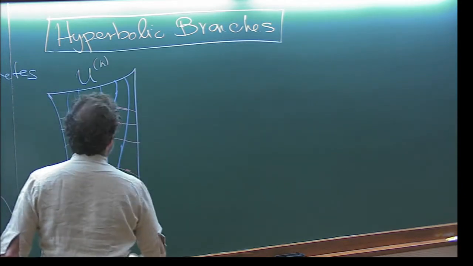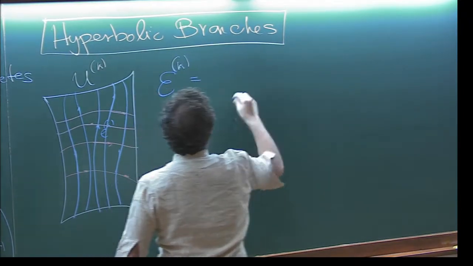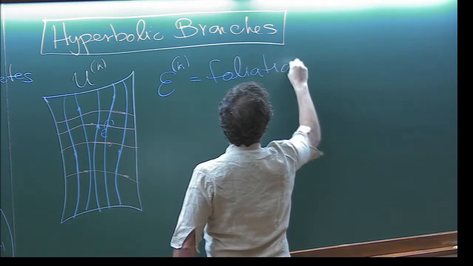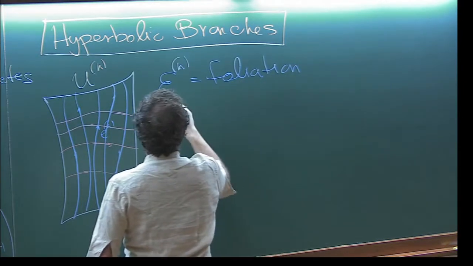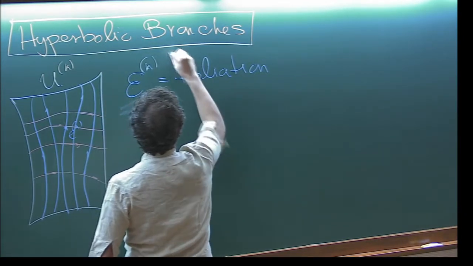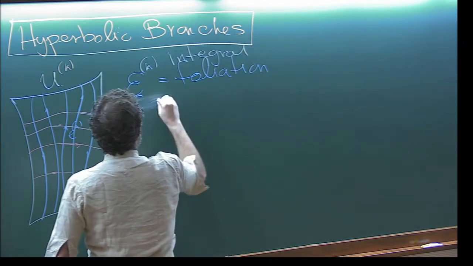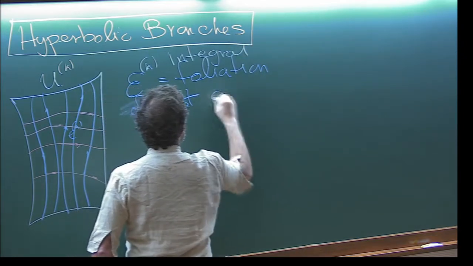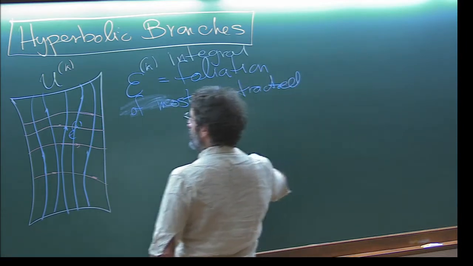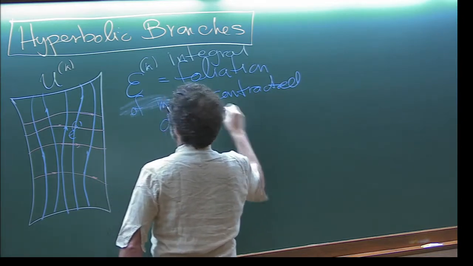So we have EK equals the integral foliation of the most contracted direction, and similarly for FK.